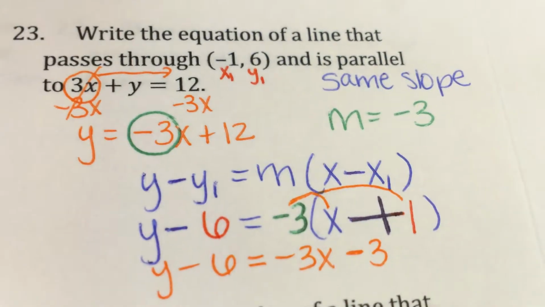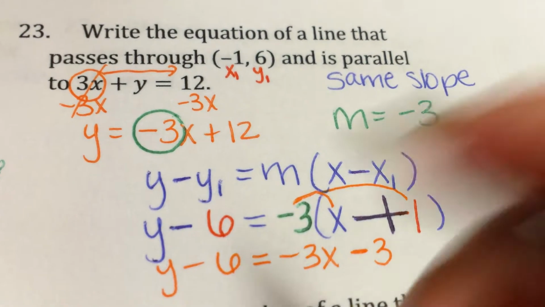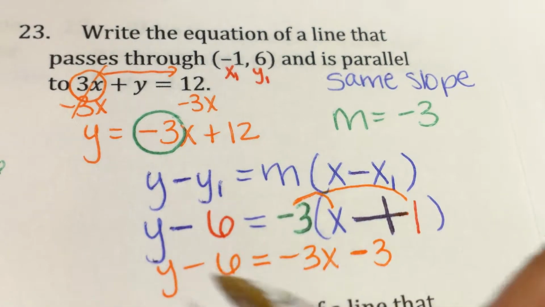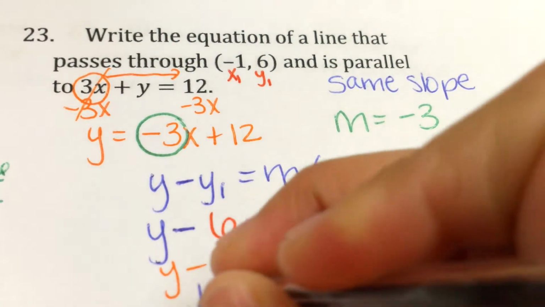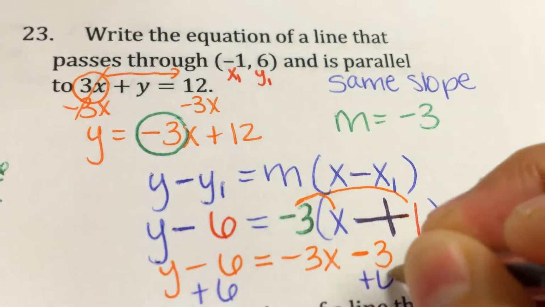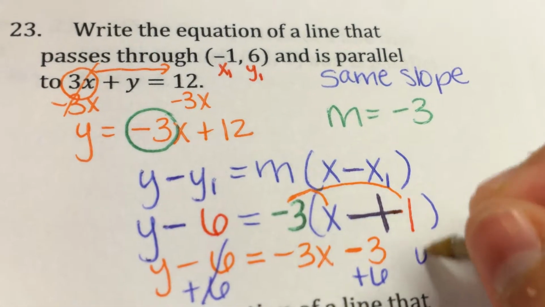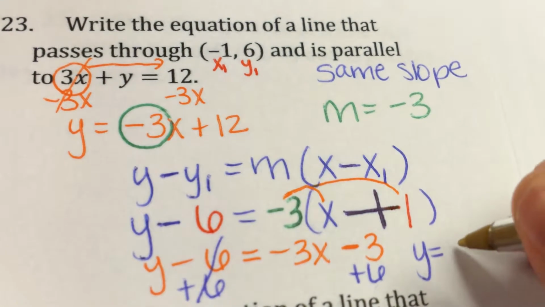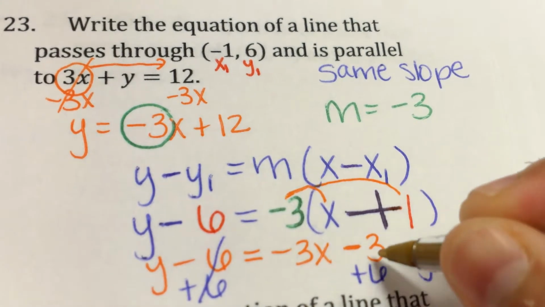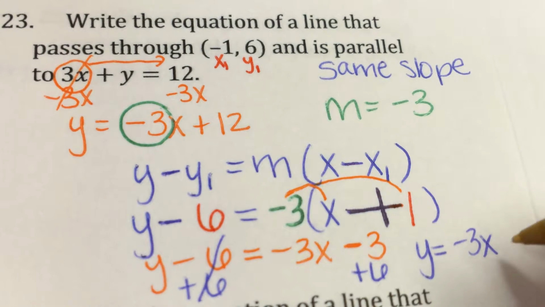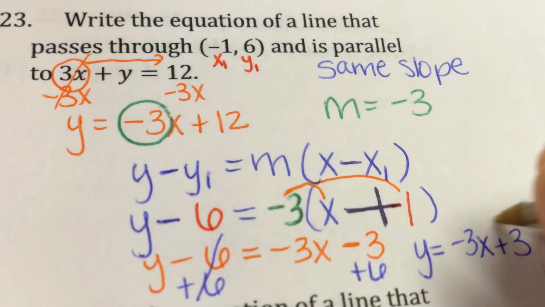And now we're on the last step, which is solving for y. We want y by itself, so we need to get rid of the minus 6. So you add 6 to both sides. That cancels. So I'm left with y equals negative 3x. Negative 3 plus 6 becomes positive 3. And there's your equation.